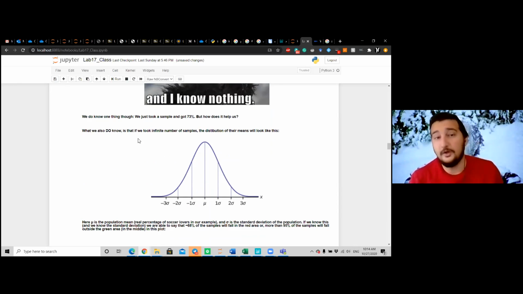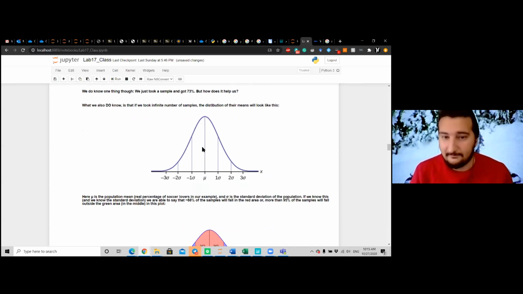What we also do know is that if, and that's a big if, especially since we're in the man mode, if we took an infinite number of samples, the distribution of their means will look something like this. So this is a normal distribution. At the center of it, what do we have? This mu is basically the population mean, or the real percentage of people who love soccer in our example.